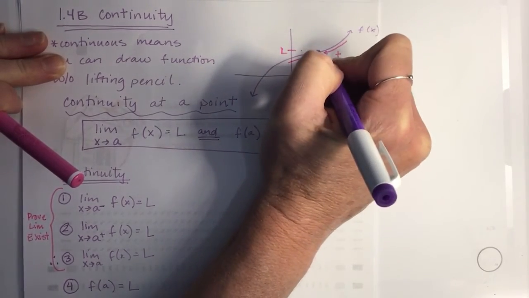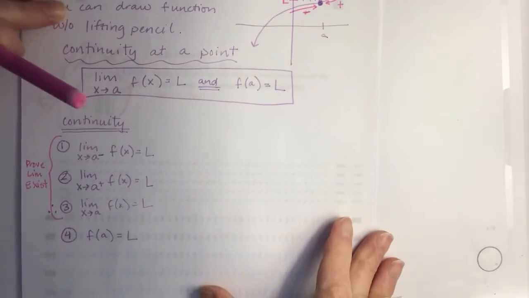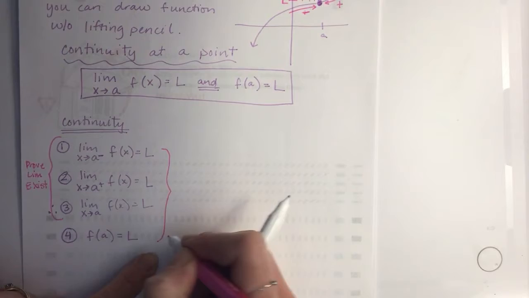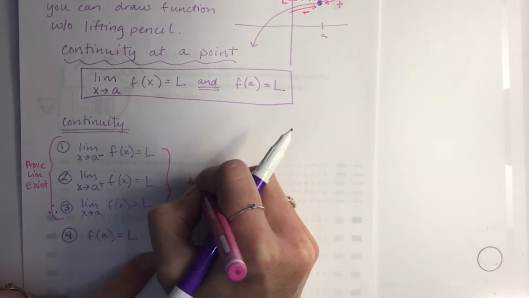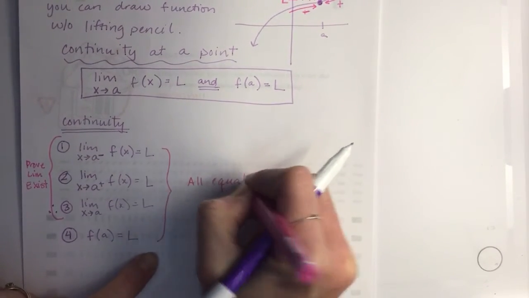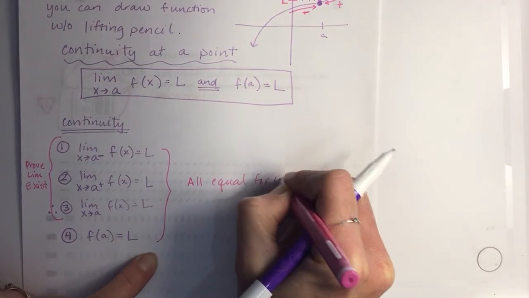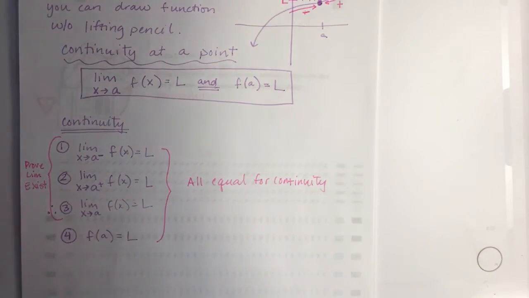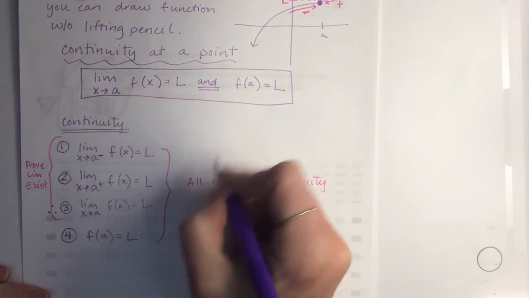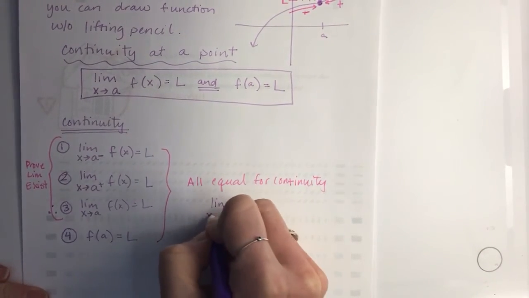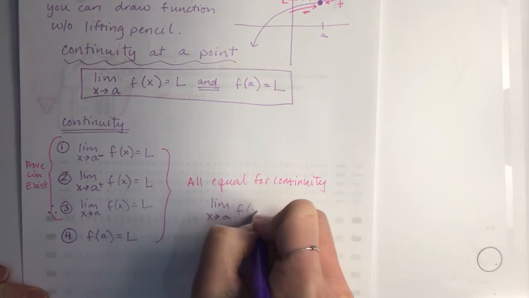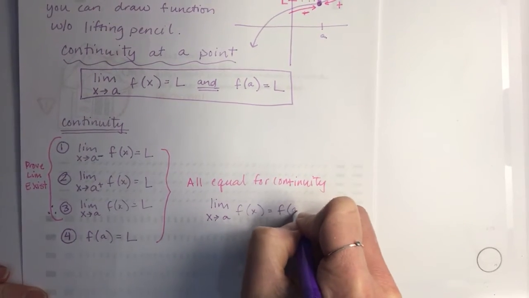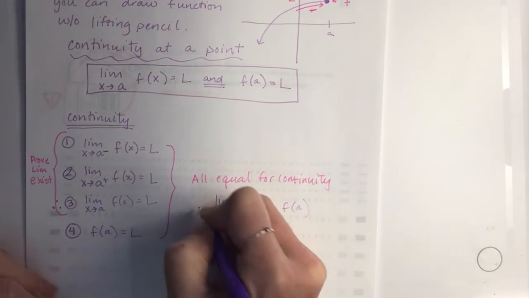If we do, we filled in the hole. The shortened version is that the limit as x goes to a of f of x has to equal f at a, meaning all four of those are true.